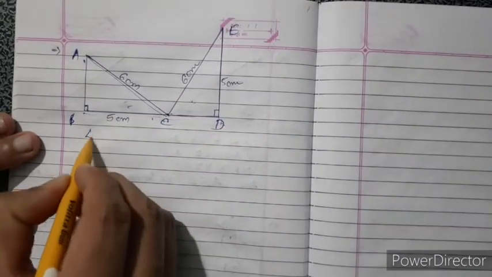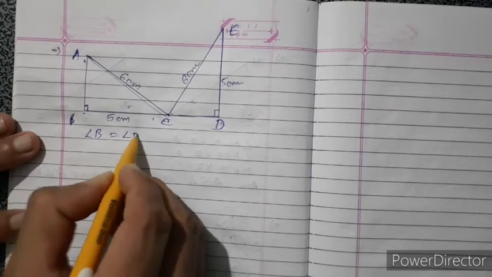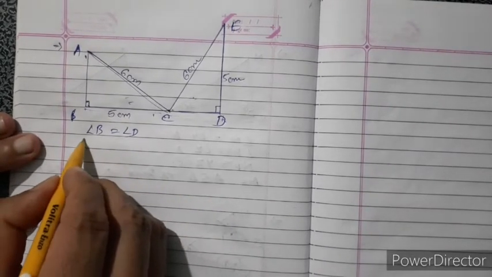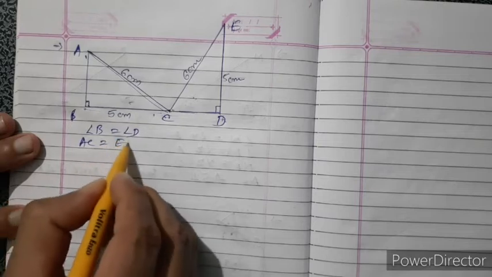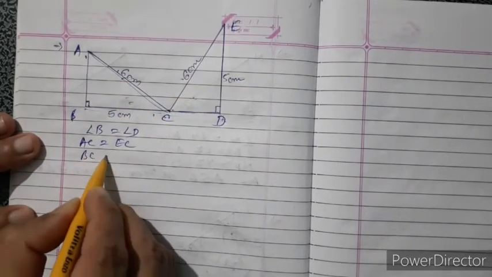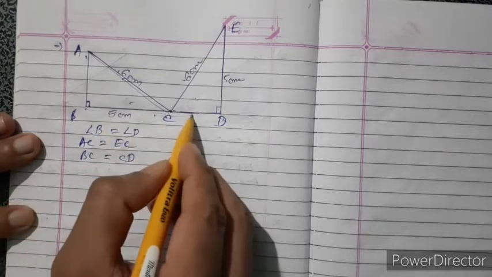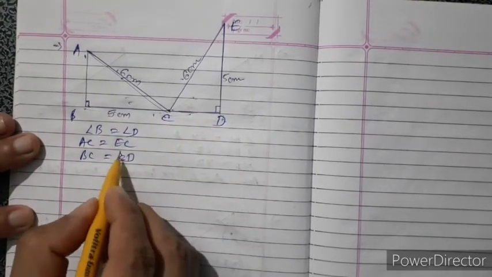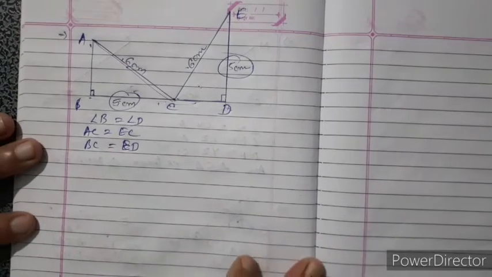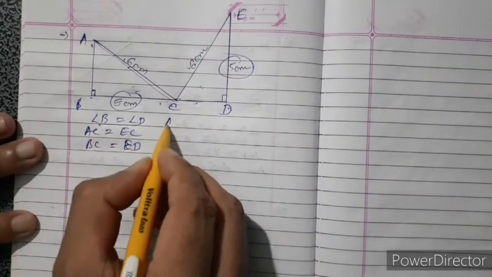First, angle B equals angle D. Then AC equals EC, and BC equals ED, 5 centimeters. They are equal.